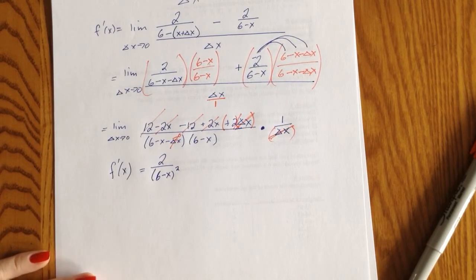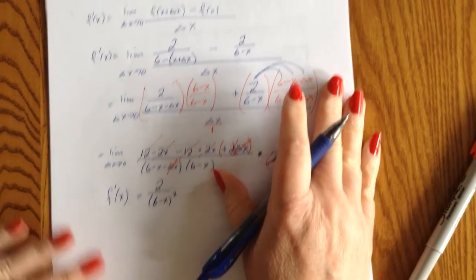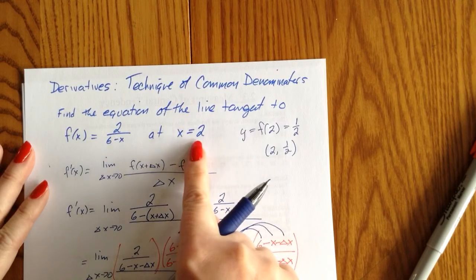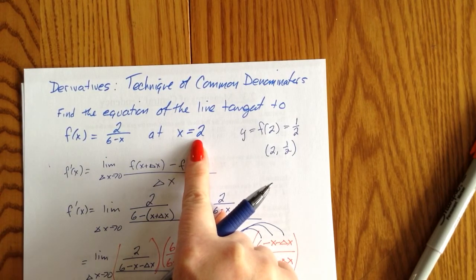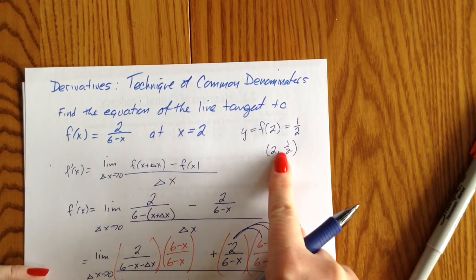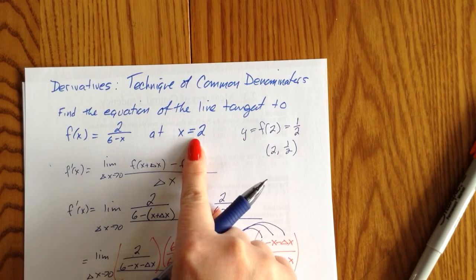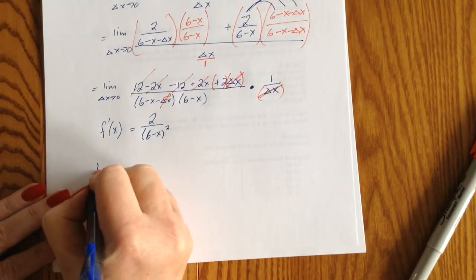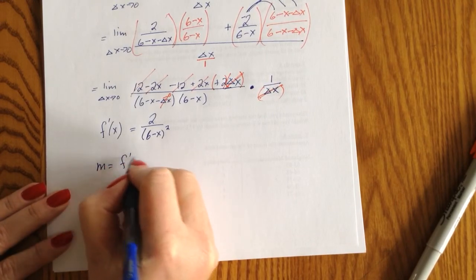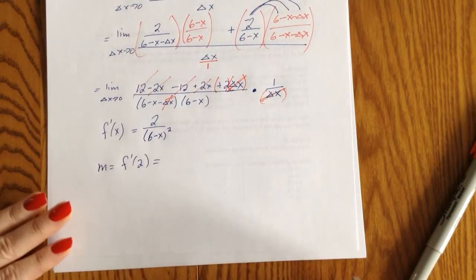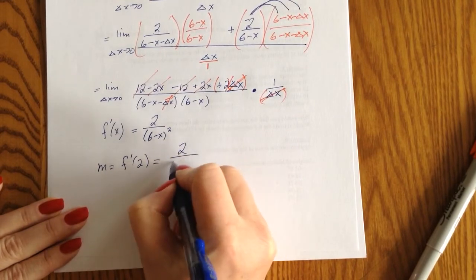Now, let's be clear. This is not the slope. This is the slope machine. I'm sure you forgot already, we wanted the equation of the tangent line at 2. We don't want a slope machine. We want the specific slope when x is 2. Also, don't forget our point was the point (2, 1/2). All right, so if we want the slope at 2, we need to fill 2 into the derivative.